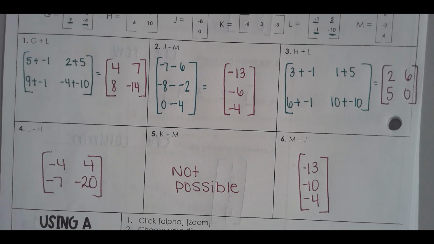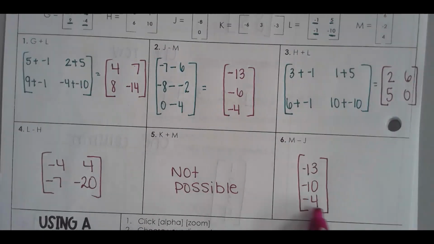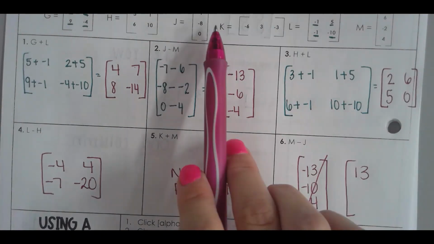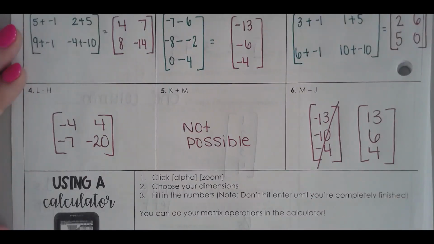Positive 13. I got 13, 6, and 4. You probably did J minus M. All right, so M minus J, 6 minus negative 7 is... negative 8 is actually 6. So you probably just went backwards. That's okay.